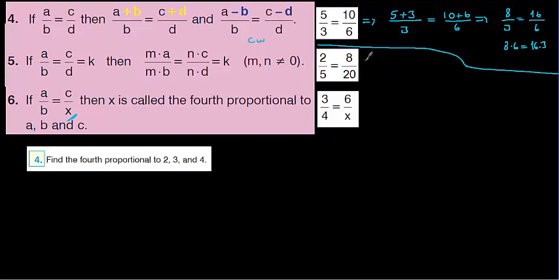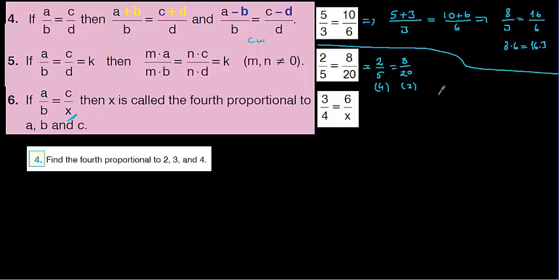Now 2 over 5, if it is given like this, I can multiply 2 over 5 by a number. Let's say I will multiply 2 over 5 by 4, and I will multiply 12 over 20 by 3.